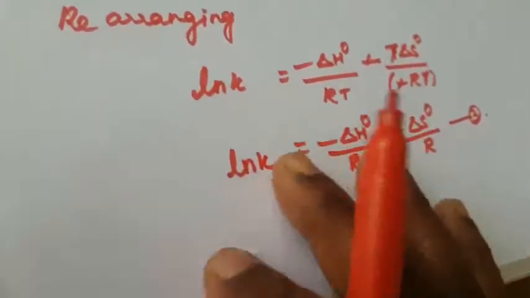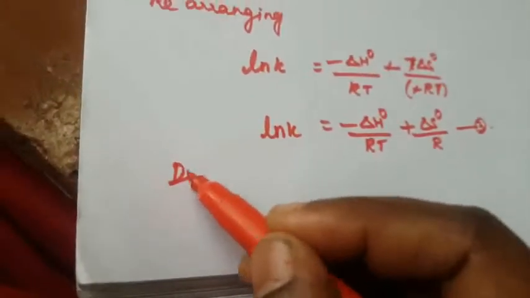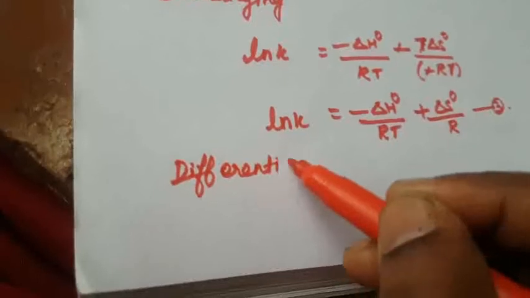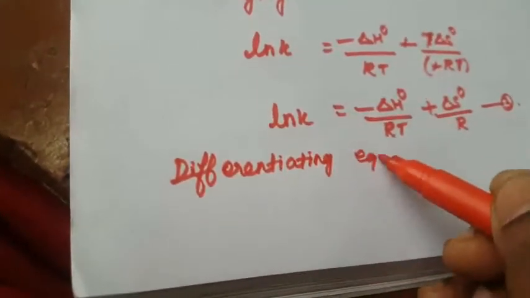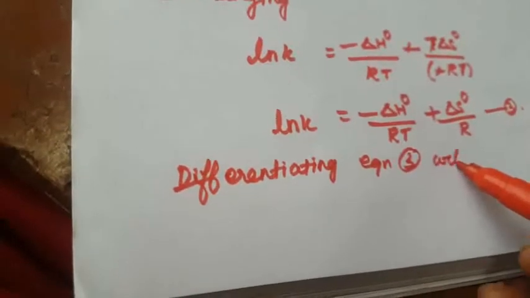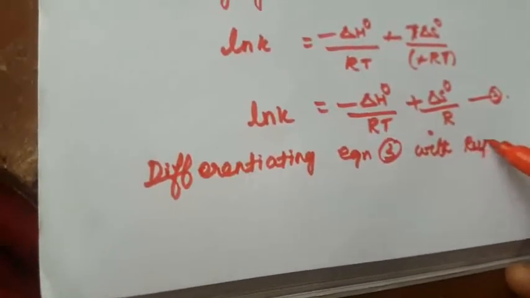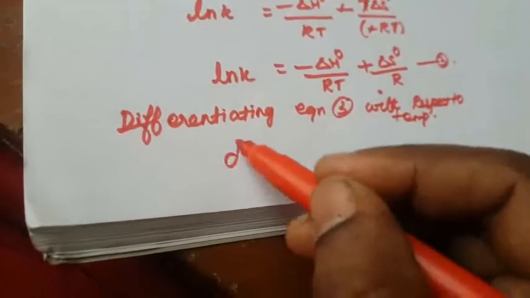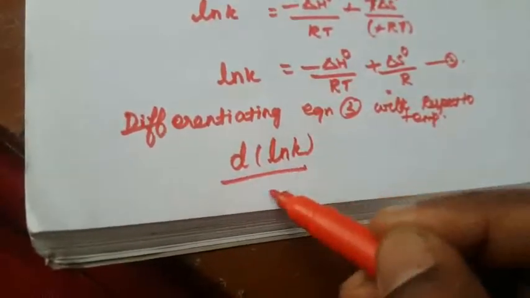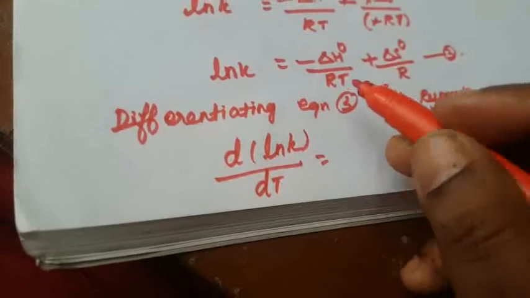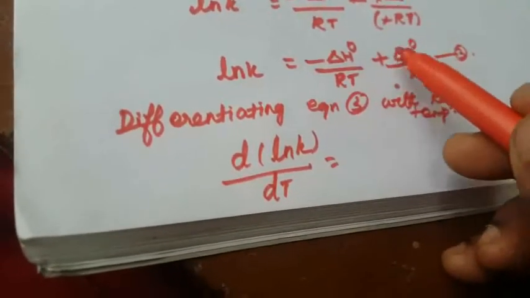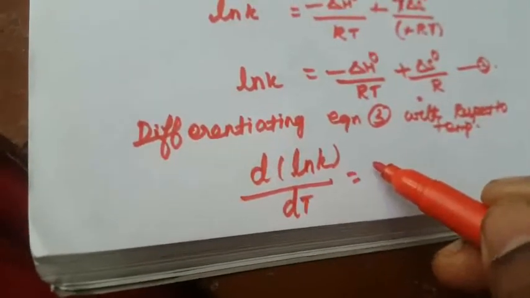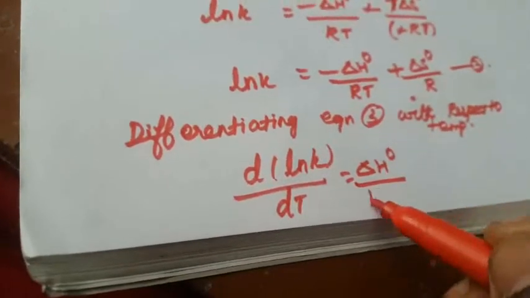Now we differentiate equation 3 with respect to temperature. So d of ln K by dT equals delta H0 by R T square.